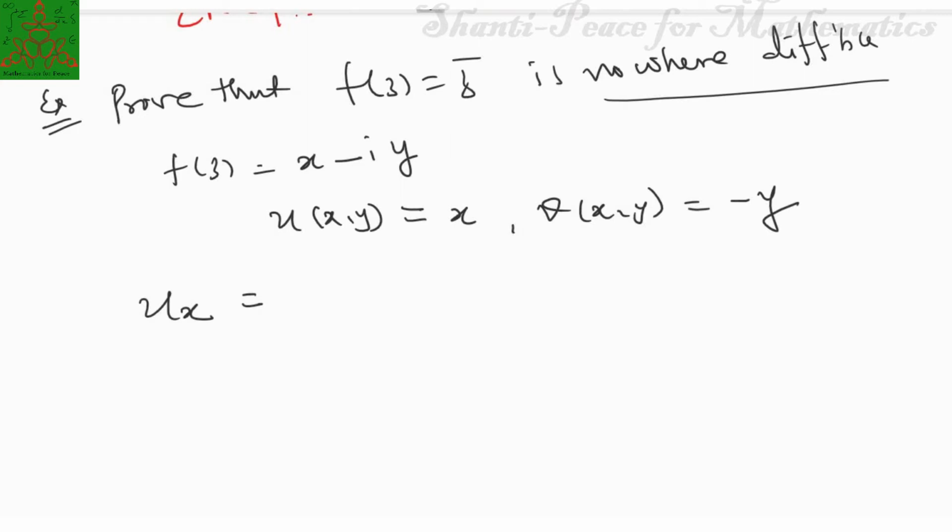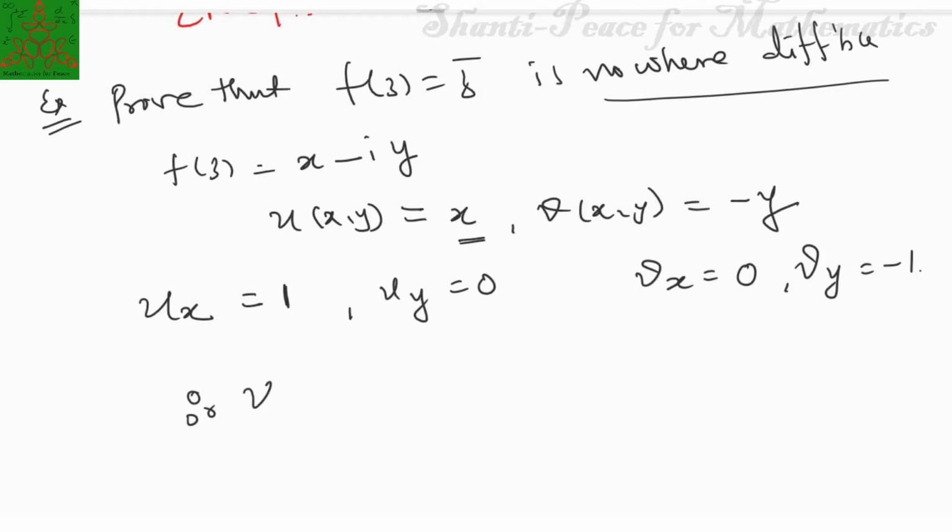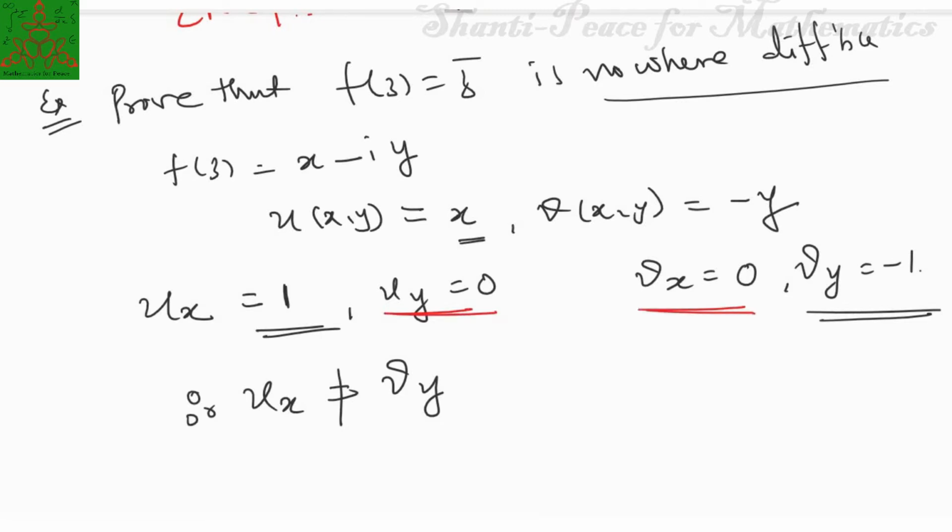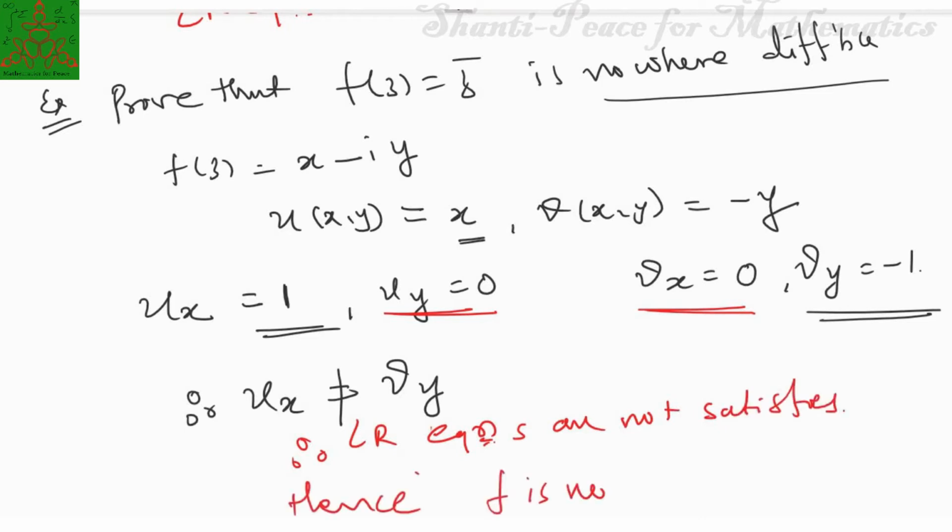So u_x is 1, u_y is 0, v_x is 0, and v_y is minus 1. So u_x is not equal to v_y, because this is 1 and this is minus 1. Whether v_x equals minus u_y does not matter. Since u_x is not equal to v_y, the CR equations are not satisfied, hence f is not differentiable anywhere.